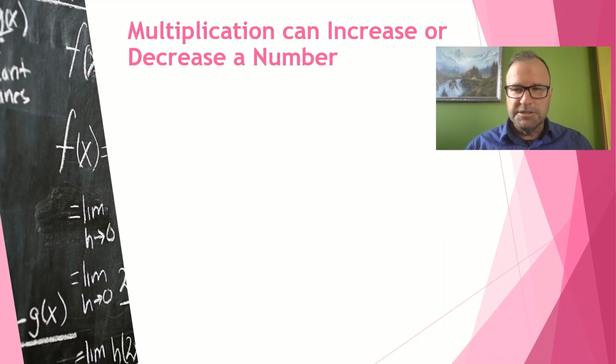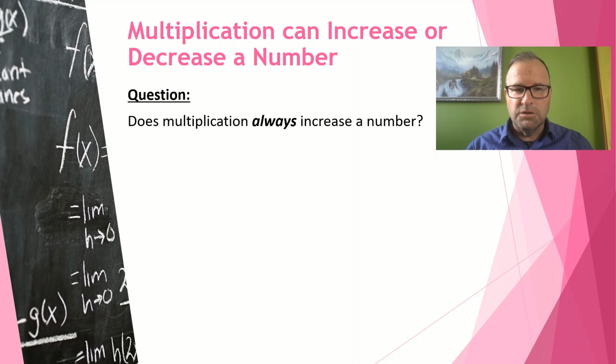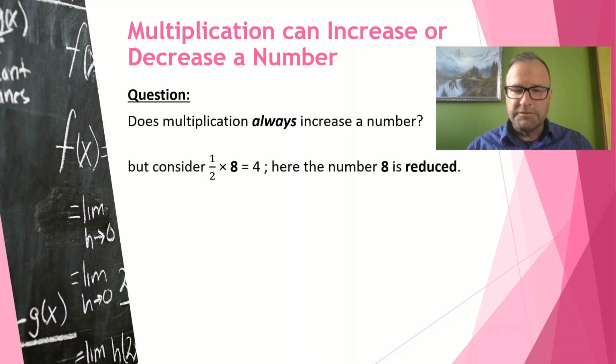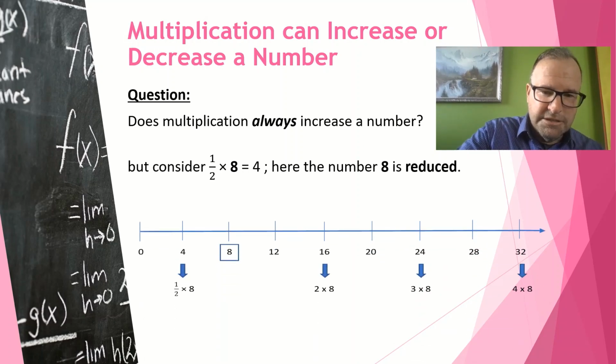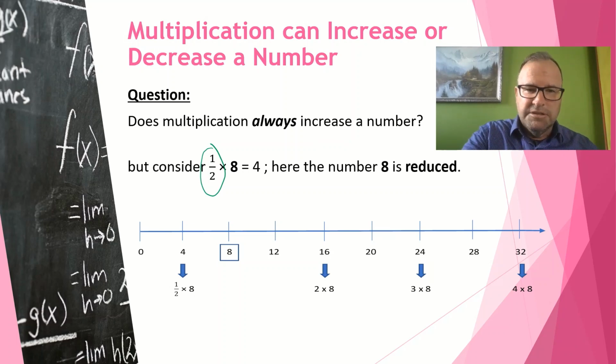Multiplication can increase or decrease a number. Does multiplication always increase a number? Well, as I said before, we have to consider certain numbers. Here we look at this number, which is a fraction. You can see when we multiply the number 8 by a half, we get 4, so it's been reduced.